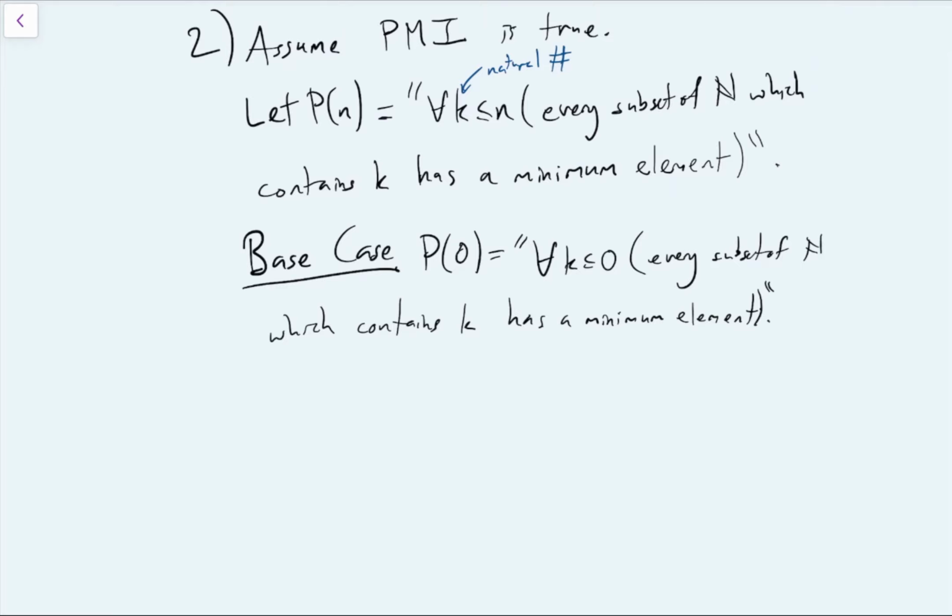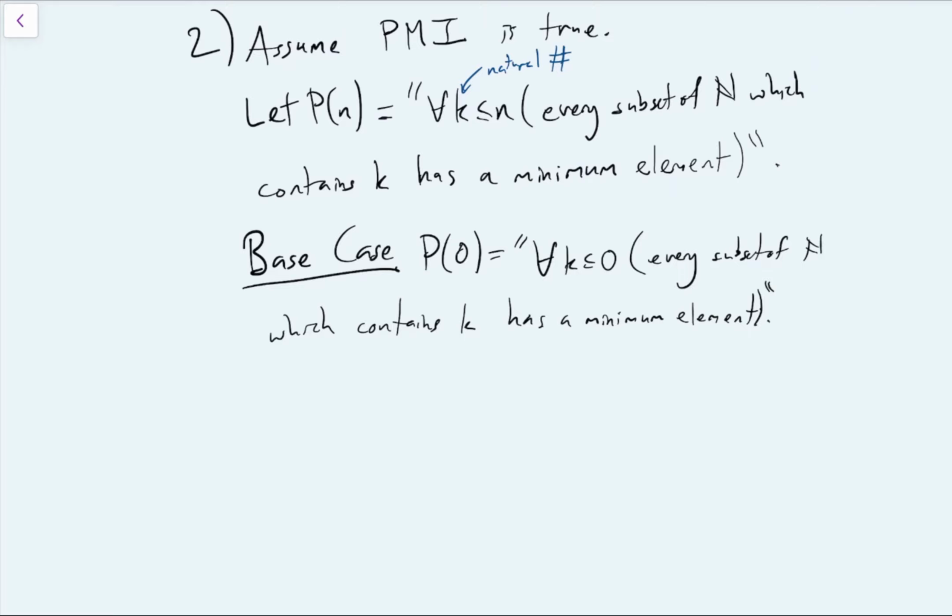But of course, the only natural number which is less than or equal to 0 is 0 itself. So if we're going to prove P of 0, I have to prove this for all k less than or equal to 0, but there's only one k to check. The only time I have to check this is when k equals 0. And so what I need to do to prove P of 0 is to prove that every subset of n which contains 0 has a minimum element.